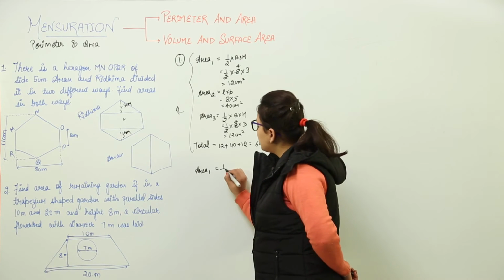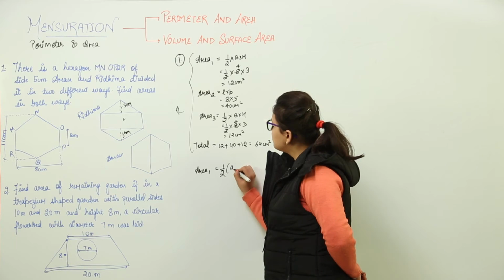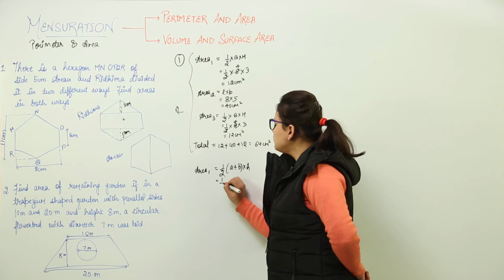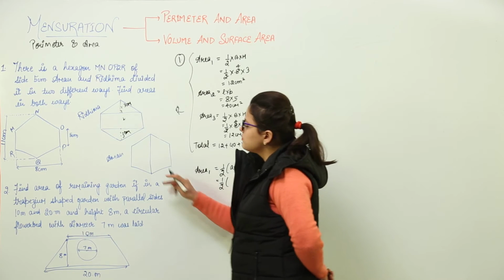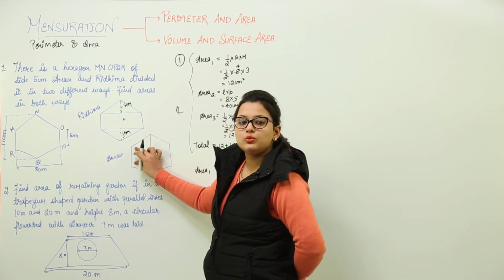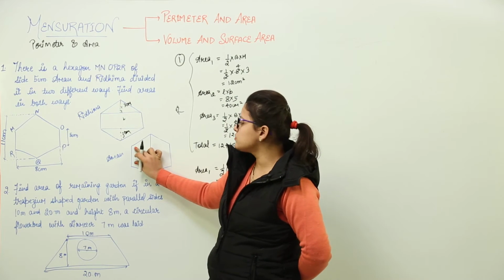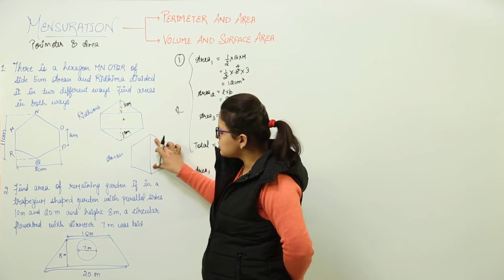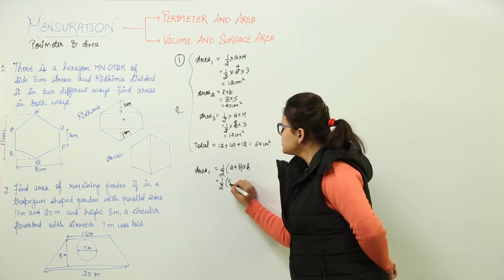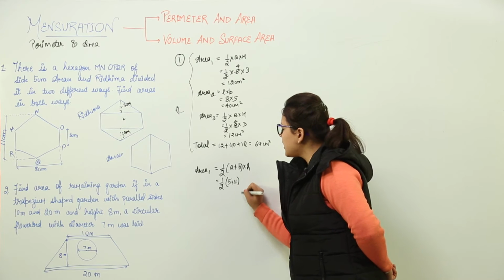Area of trapezium 1 will be equal to 1 by 2 into the sum of parallel sides into height. Now what will be the measurements of these sides? This side is already given to us, that each side of the hexagon is equal to 5 centimeters. So this is 5. What about this one? This is also given to us, 11. So the measurement of parallel sides is 5 and 11.